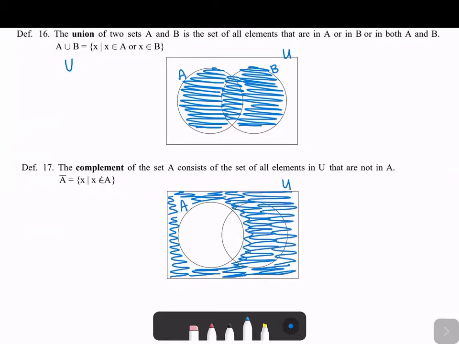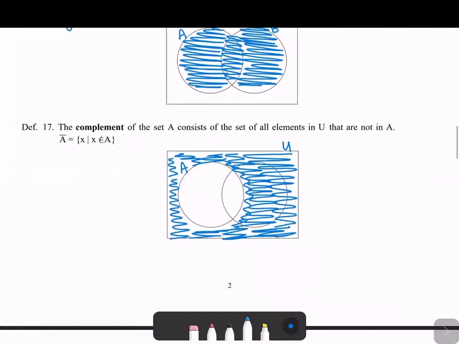So that's the complement of A. It's everything that's not in A, right?